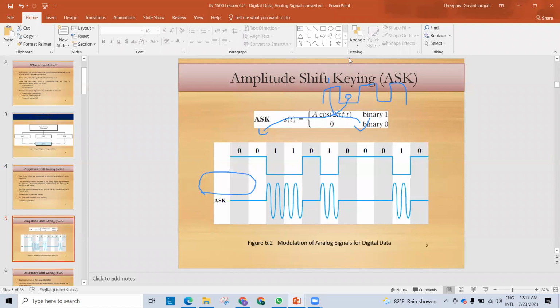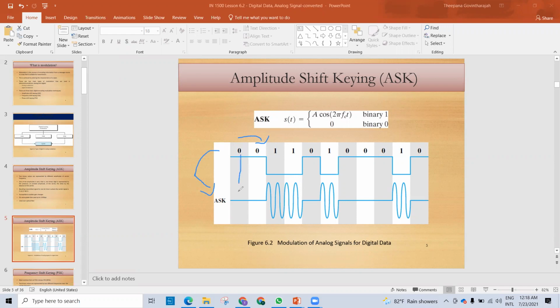If we see the example here, this is the digital data 001101000010. Here we are converting it to an analog signal using ASK.